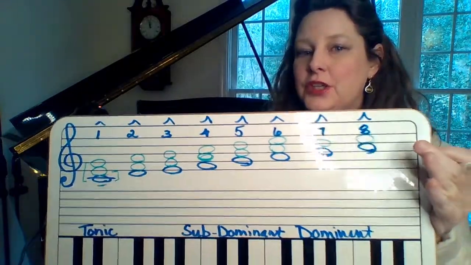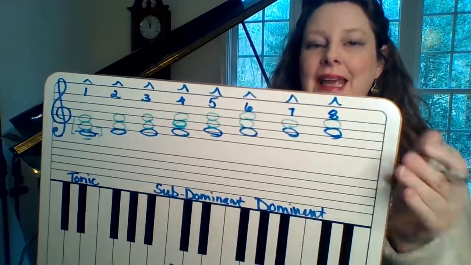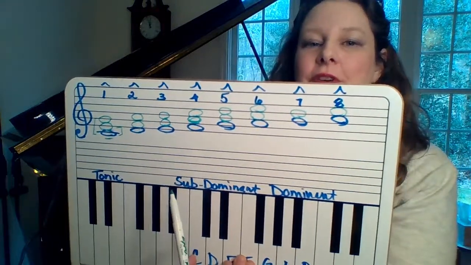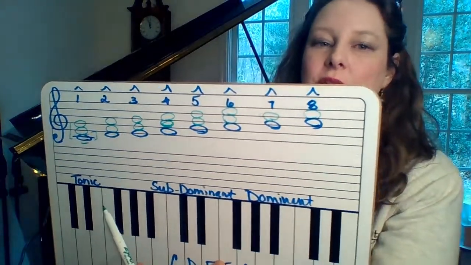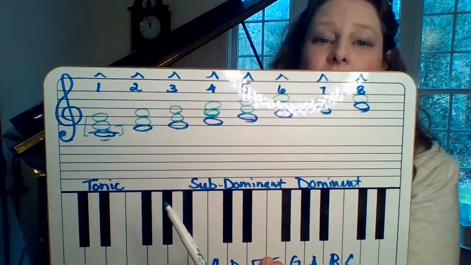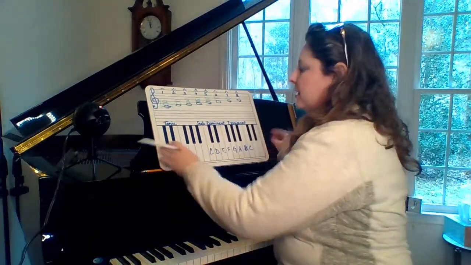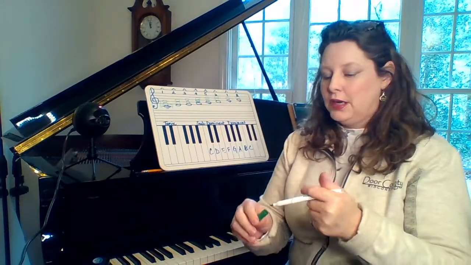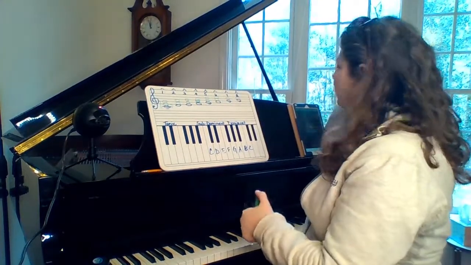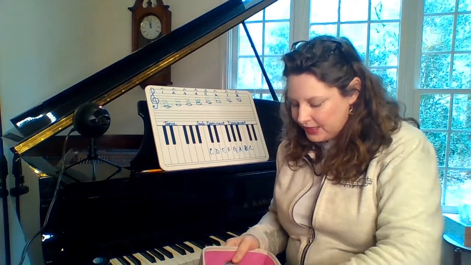If I am referring to a chord, I can call that first chord the tonic chord, and that would be okay. But especially in pop music or jazz or blues, we don't really use the word tonic as often.